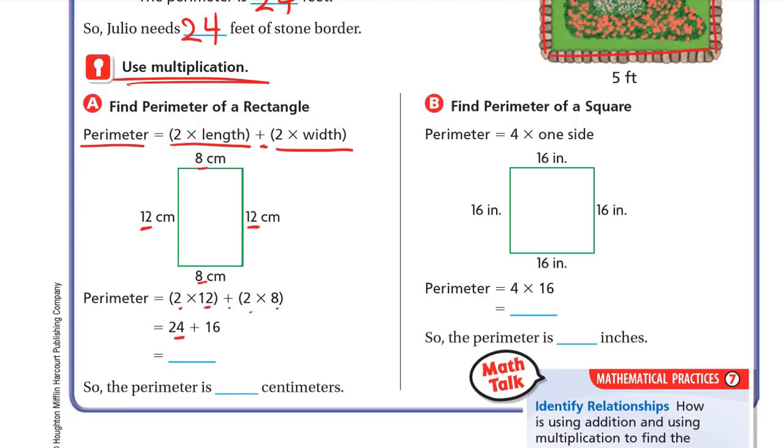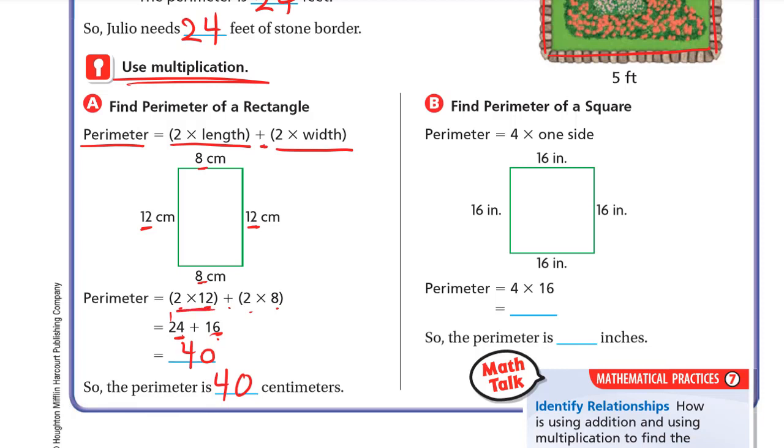So 2 times 12 is 24, 2 times 8 is 16. 24 plus 16, we can add 6 plus 4 equals 10. So I write 0 and carry 1. So 1 plus 2, 3 plus 1 is 4. So it's 40 centimeters.